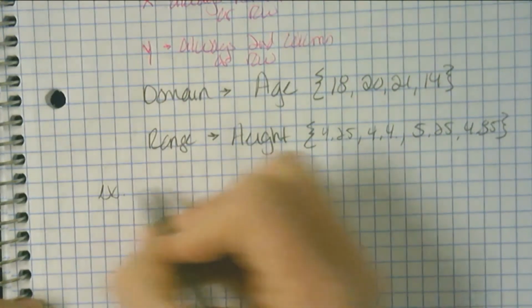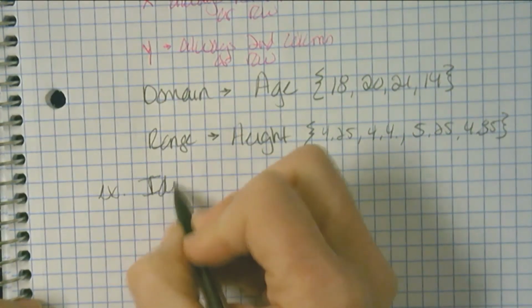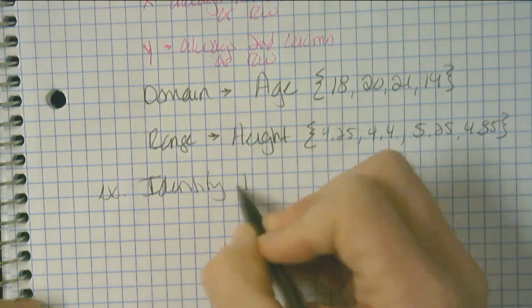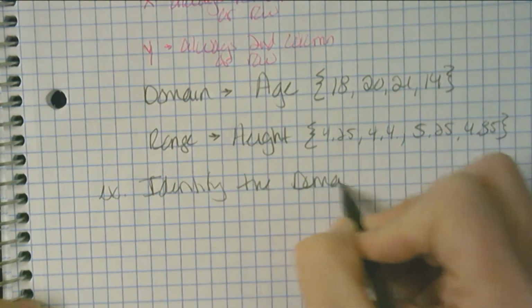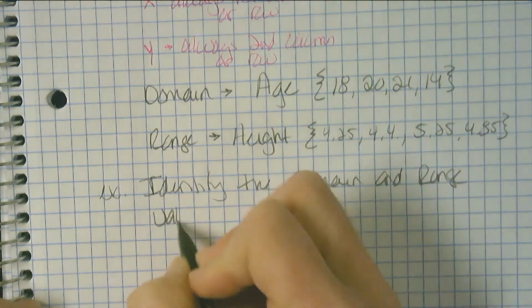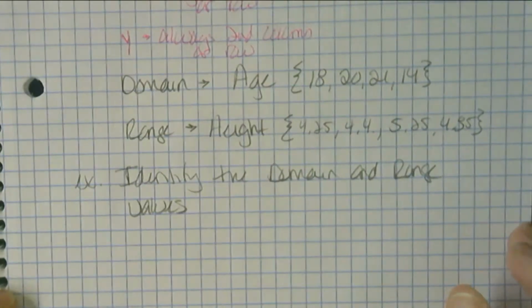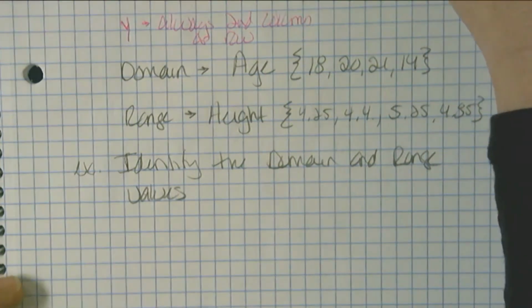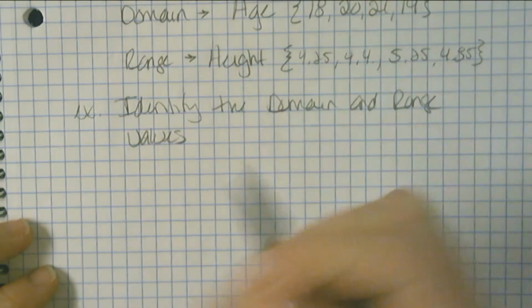Okay, so on this one, I want you to identify the domain and range values. That's all I want you to do. Here's my table.